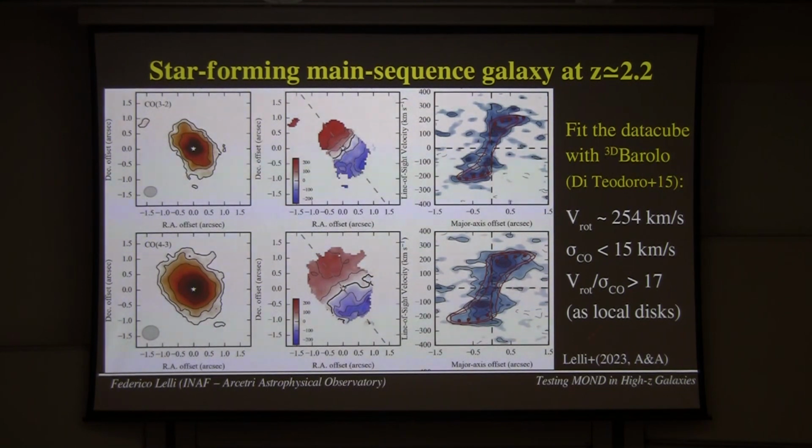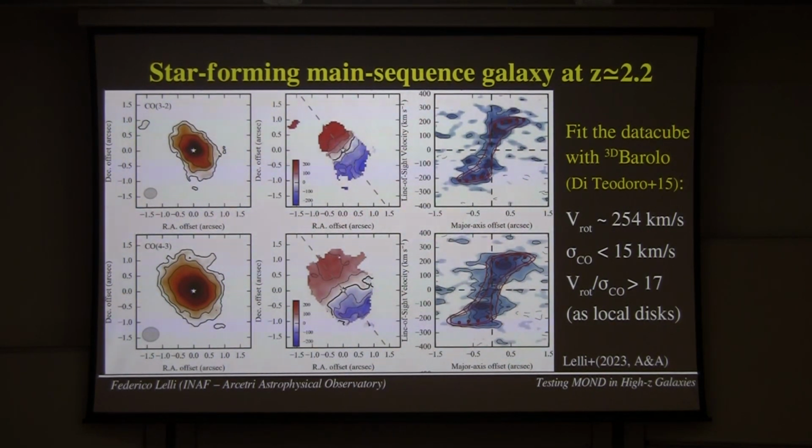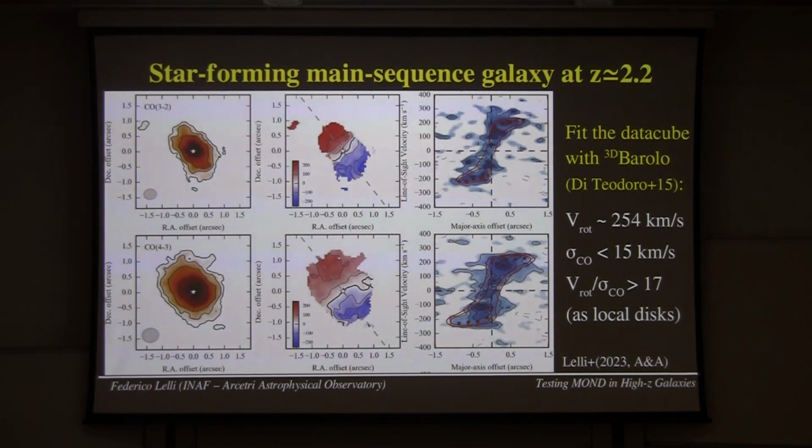In this specific example, I'm confident that the V over sigma ratios are high, then whether they are 17 or maybe 10, it's difficult work. But for sure there are disks that are rotationally supported up to high ratios. That I'm confident of.